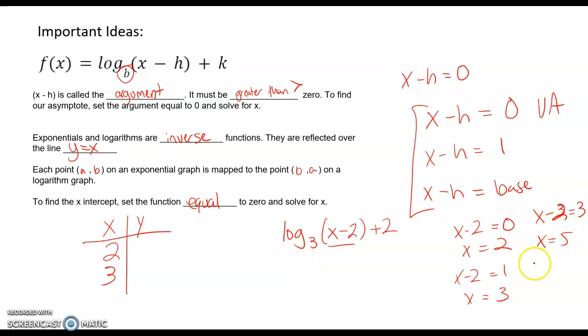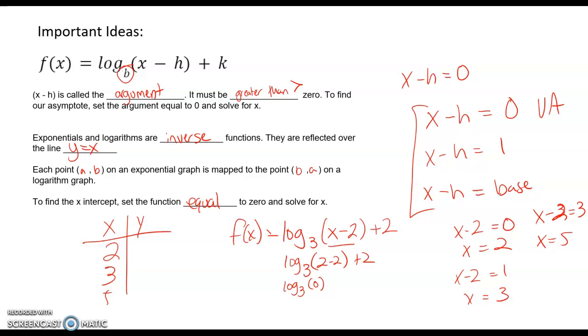So let's plug these numbers in: 2, 3, and 5. Sorry, I forgot to write our function here. Log base 3 of x minus 2, plus 2. I'm going to put my first number in, which was 2. 2 minus 2 plus 2. Well, 2 minus 2 is going to give me log base 3 of 0.